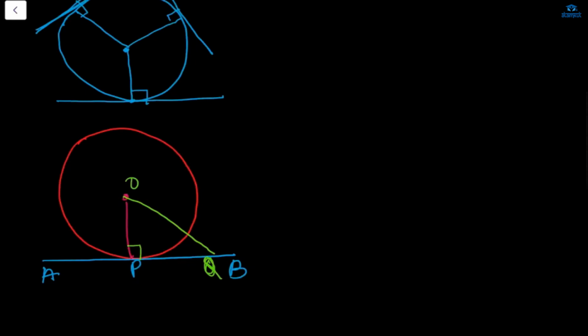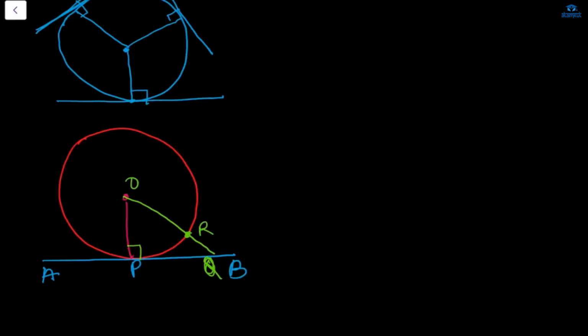Where this line touches the circle, we take that point as R. Now Q is a point on the tangent AB and is not P. That means Q is outside the circle, because P is the only point where the line AB touches the circle. So Q is any point on the tangent, and it is outside the circle.